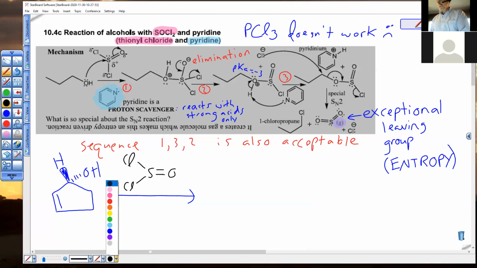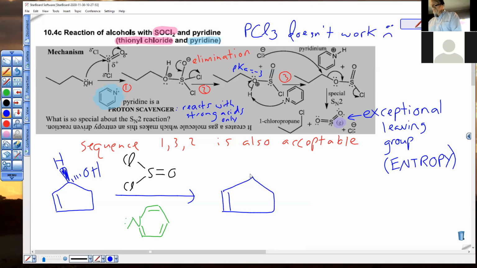What color should pyridine be? Green. And what we're going to get, there is a backside attack in this mechanism. So the H gets pushed to the back, replaced by Cl, and we get Cl- next to our pyridinium ion.